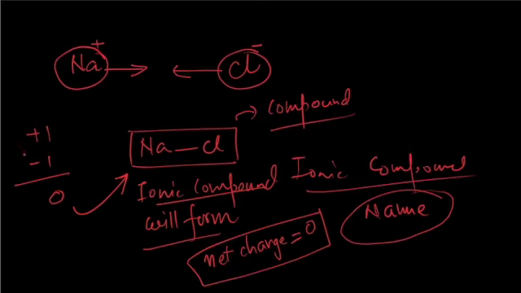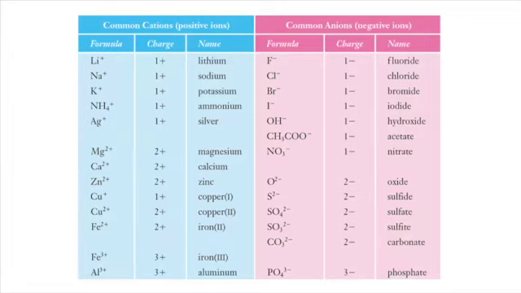Okay, and then we look at different ions which are readily available. I will encourage you to copy this table very quickly, in a place where you can refer to it very easily, because you're going to refer to it several times. On the left hand side, you have common cations. First one is Li plus, which is lithium. Coming out of the lithium atom, the Li plus charge is plus 1. Write down. Then we have sodium.